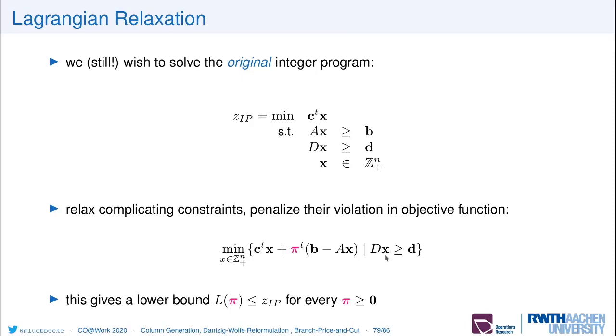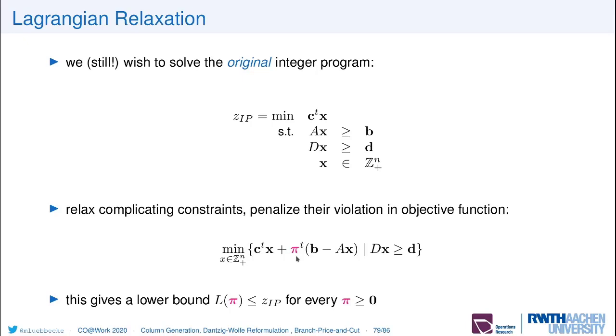So I keep the easy constraints, I keep integrality, I keep the original objective function, and I keep a term that penalizes the violation of the complicated constraints. We don't have too much time to spend here. Maybe you press pause and check that this actually gives a dual bound, a relaxation value, a lower bound on the optimal objective function value I'm interested in, for every non-negative penalty vector pi.